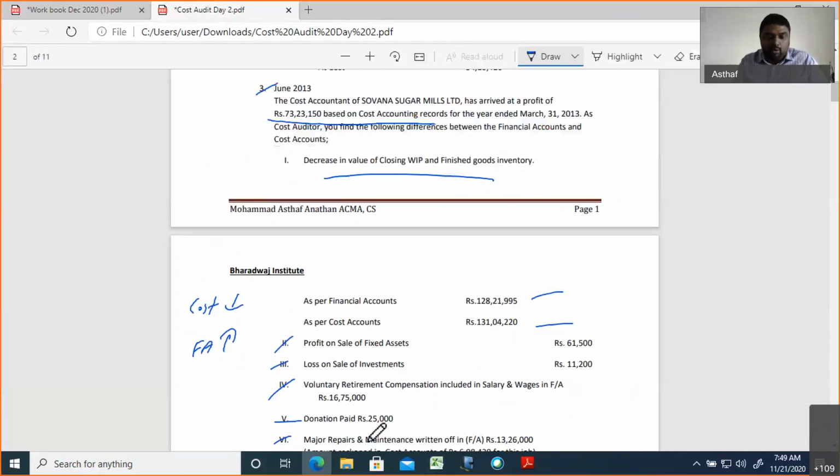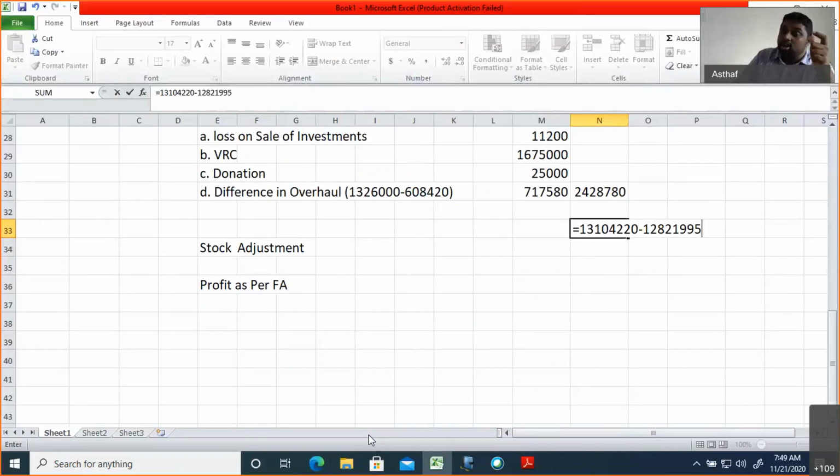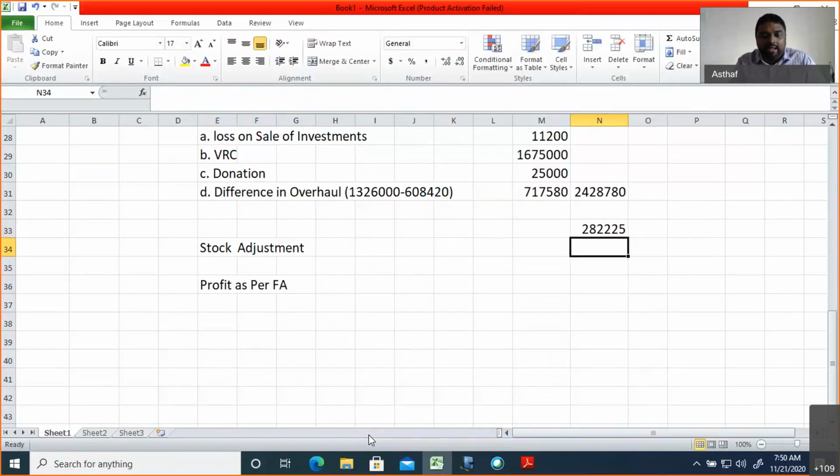I will repeat once again. That means your cost decreases more, that is, cost profit is less. So the difference will be more for financial, and we have already said we have to add. So the amount is 2,82,225. 2,82,225 we have to add.